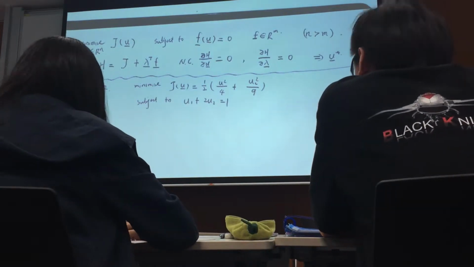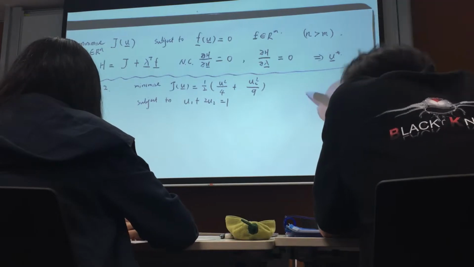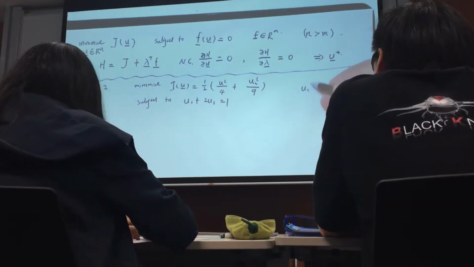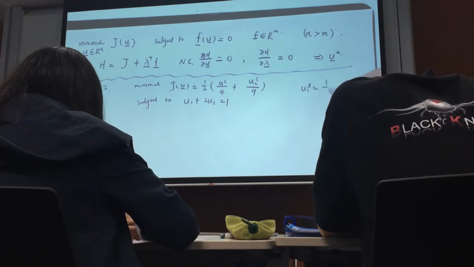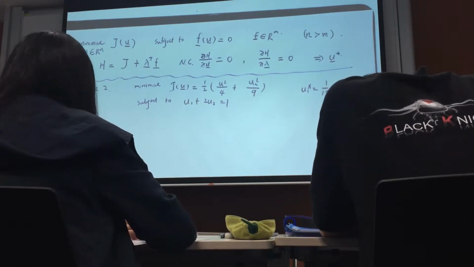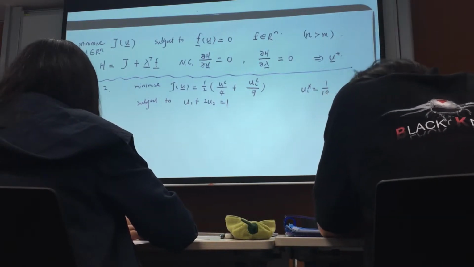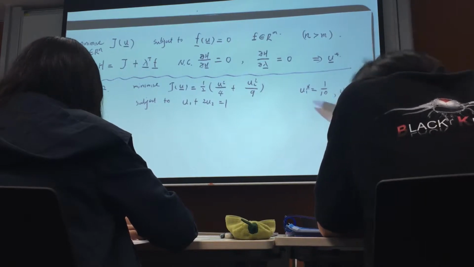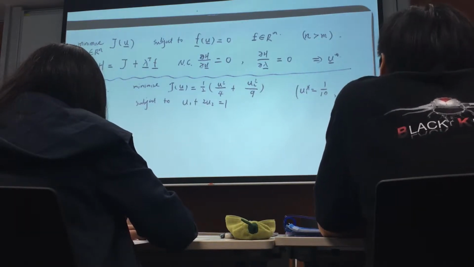So probably you already tried. The solution is U1 star is 1 divided by 10, and U2 star is 9 divided by 20. So these are the solutions.